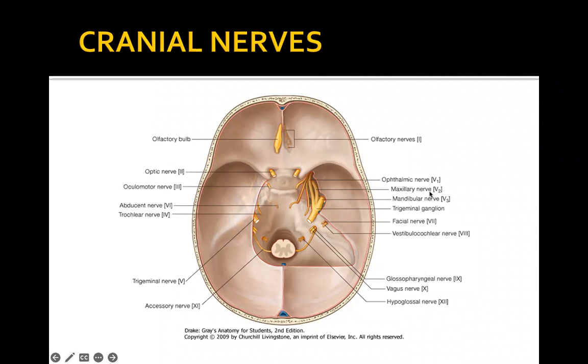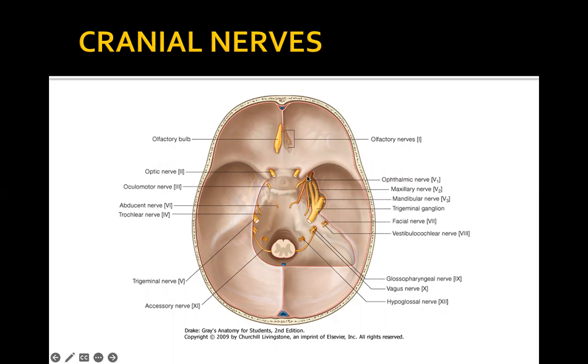And look out for which of the V2 or V3 passes through them. Then also you have once you've looked at 3, 4, 5, and 6, 6 is abducent, okay? So you know that the abducent will also pass through the superior orbital fissure. So you'll be left with what?